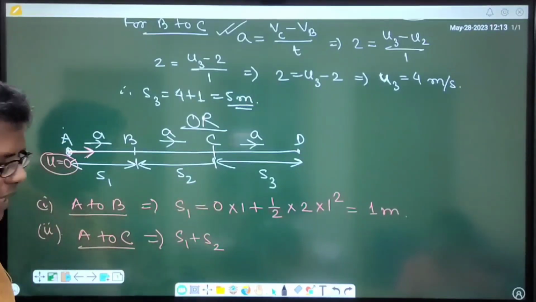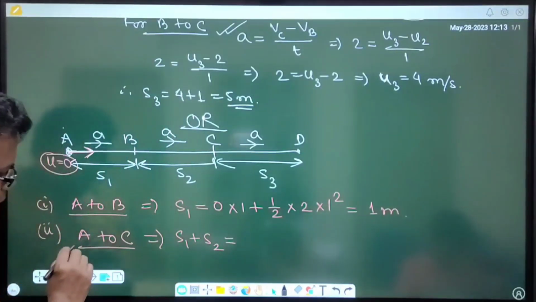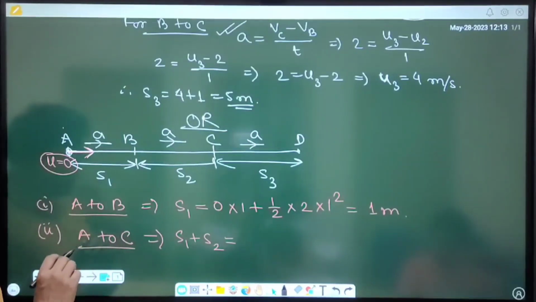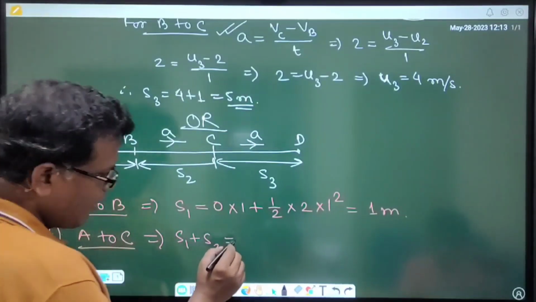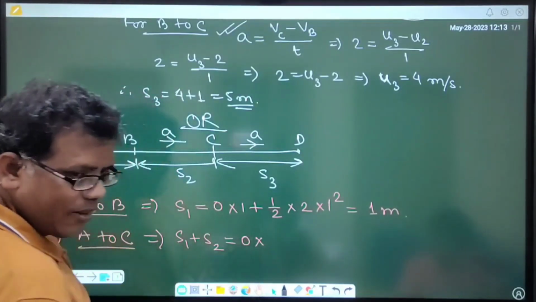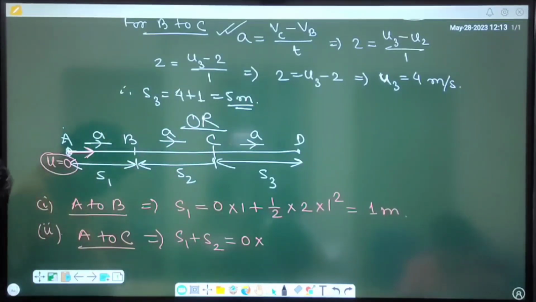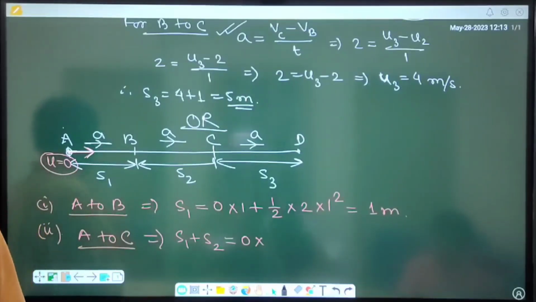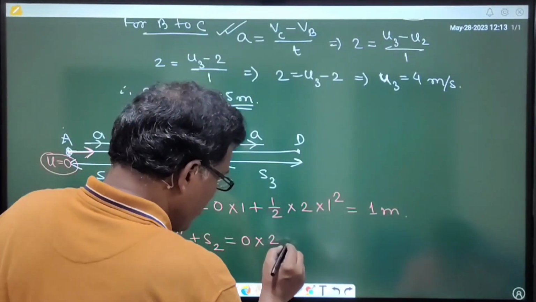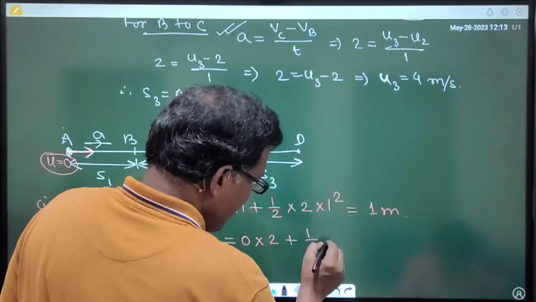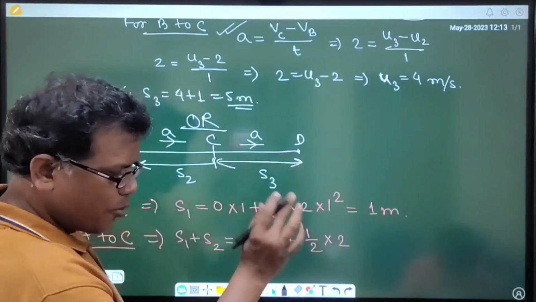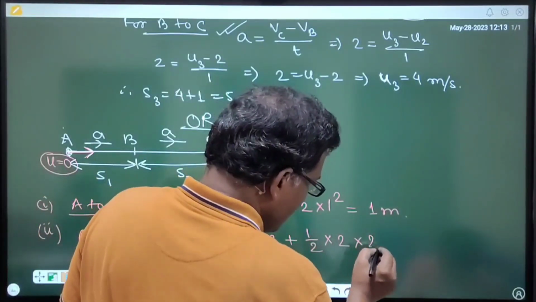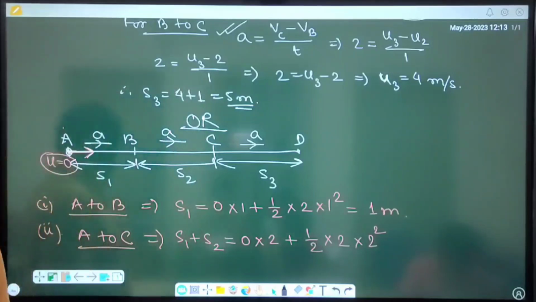Yes or no? In the calculation of the A to C journey, A is my starting point, so I will again use 0 as the starting velocity. And what should I take as the time taken in the journey from A to C? 2 seconds, correct. 0 into 2 plus half into acceleration, which is 2, and time duration is 2, so 2 square.